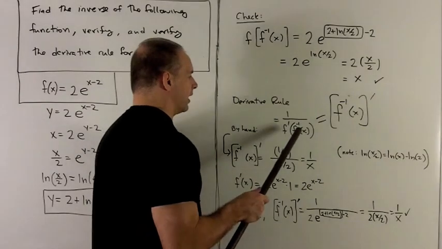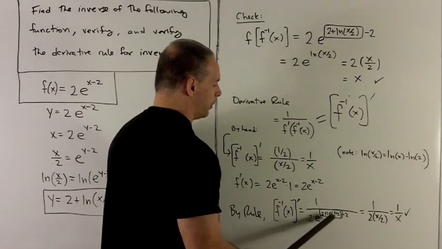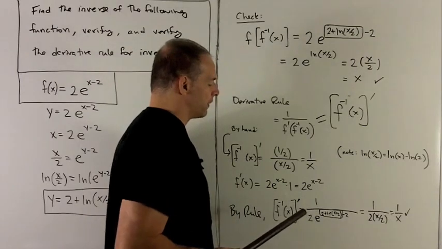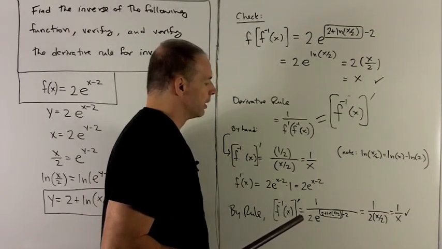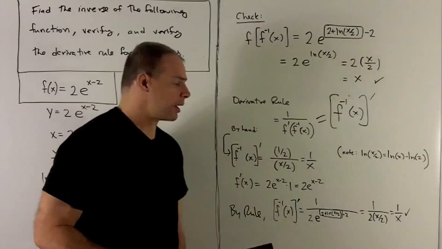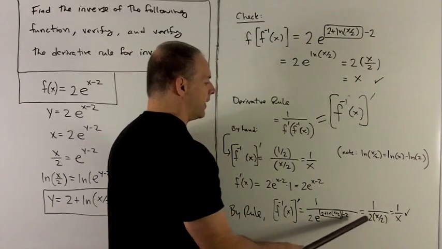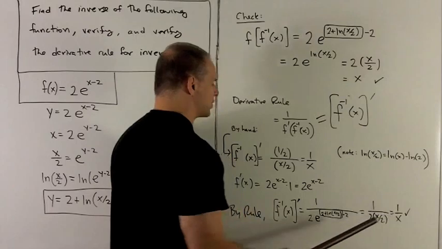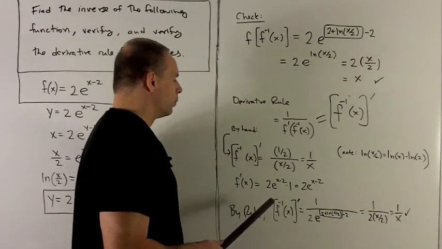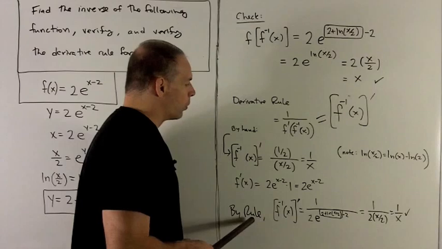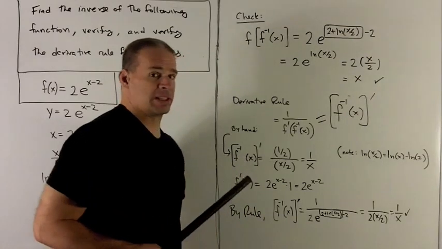We're supposed to stick in the inverse function, so I'm just going to put a big box where I had x before, and we're just going to stick the entire inverse function in where the box was. Well, this goes exactly as before. This is going to crunch down to x over 2, and then when I clean it up, I get 1 over x, which is going to agree with what we got when we computed it by hand. So computing by the rule or by hand gives me the same answer.